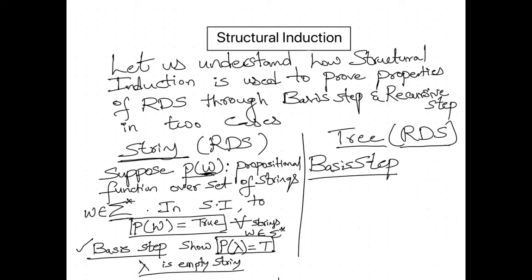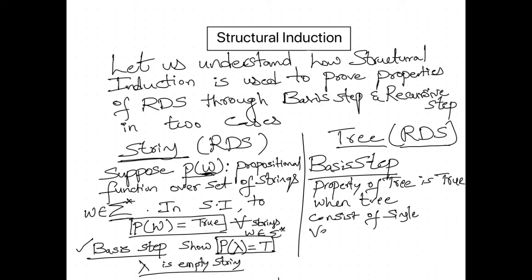In the basis step, I'll be showing the property of a tree is true, whatever the property is, when the tree consists of a single vertex. If I can show this in the basis step, then I can say the basis step is verified.